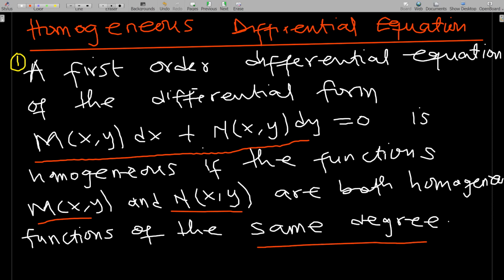When I have a differential equation written in this format, I have to pick my M of xy and go through it to see if it is homogeneous, and then take my N of xy and go through it to see if it is also a homogeneous function. If they are both homogeneous and their degrees of homogeneity are the same, then our first order differential equation is homogeneous. Then we can use the method I will show you in our next discussion to solve it.